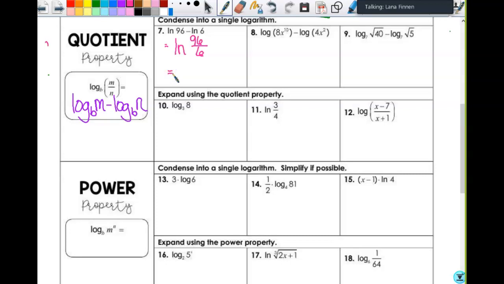Then I have to simplify that. It's 96 divided by 6. Good. 6 goes into 9 once with 3 left over, and that makes it 36, so it's 16.